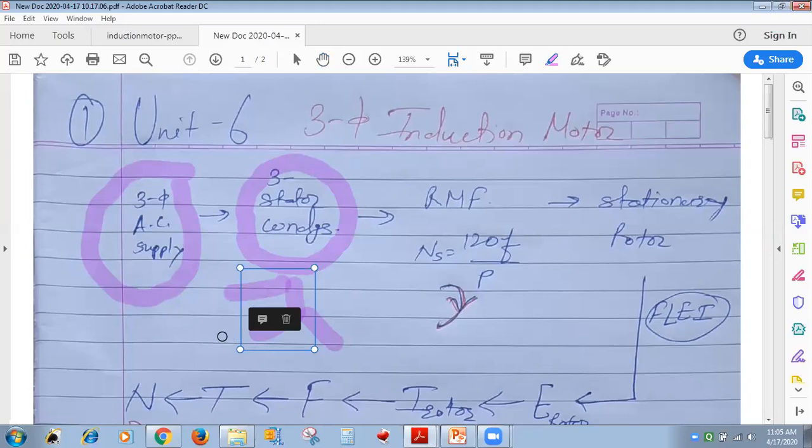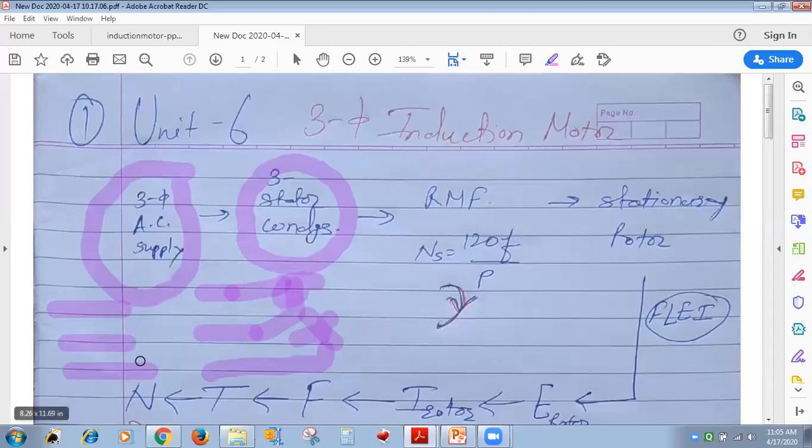R to R, Y to Y, and B to B are connected. The 3-phase AC supply also has 3 terminals R, Y, B, and the 3 windings connected in star are also marked as 3 phases. Got it? The connection is like this: R to R, Y to Y, and B to B.